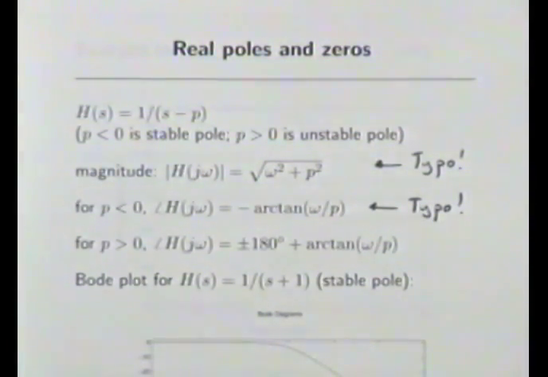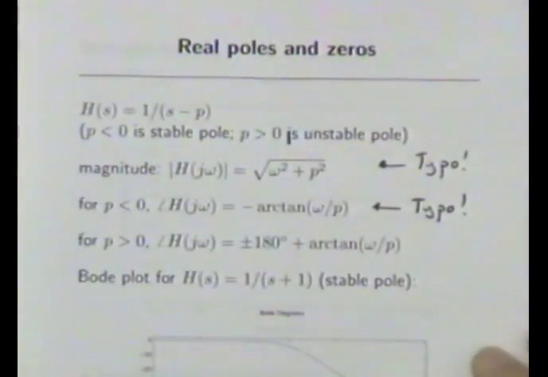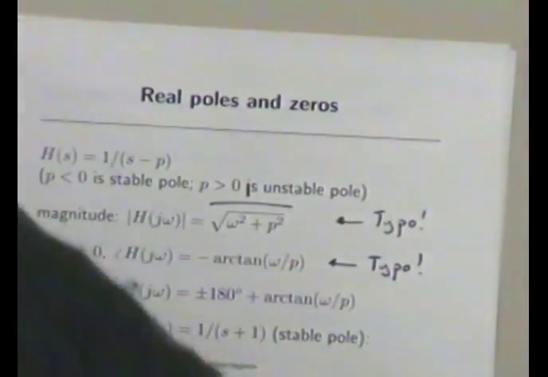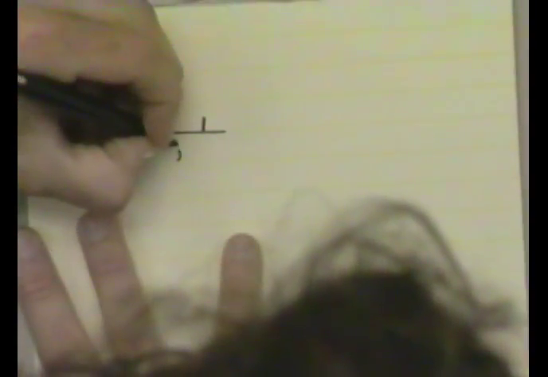The answer is 1 over this. And so let's just go over that really quickly. H of j omega is given by 1 over j omega minus p.